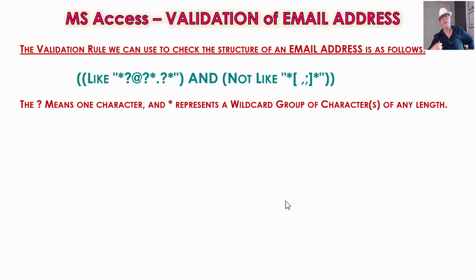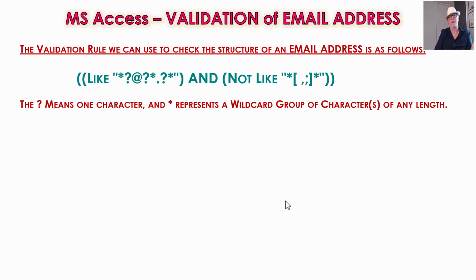Now this rule, you get this off the internet. So if you Google for Access Email Validation Rule, this really long thing will come up. That probably looks like one of the most complicated things you've ever seen in your life, but it's not actually that bad. We'll explain it, but look, if you don't understand it, don't worry.